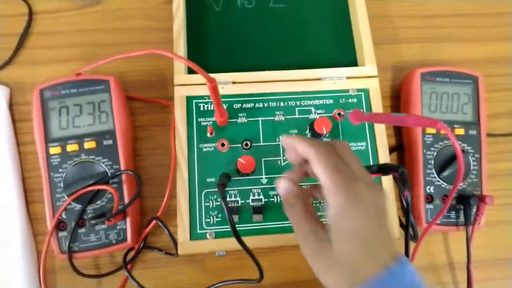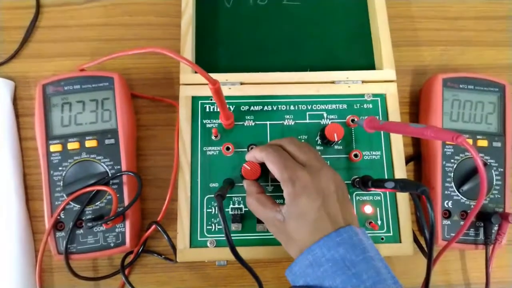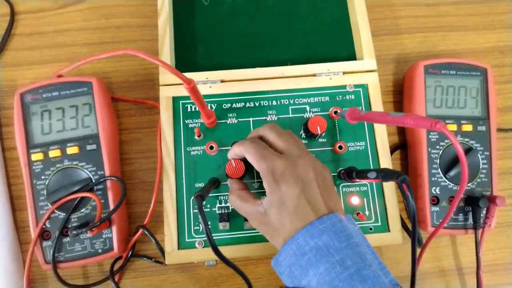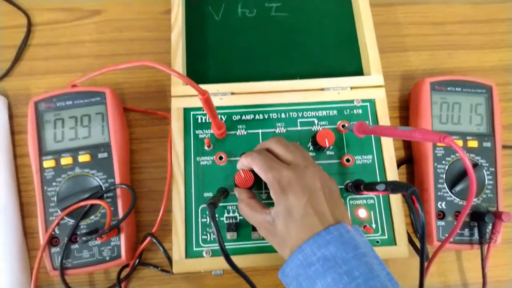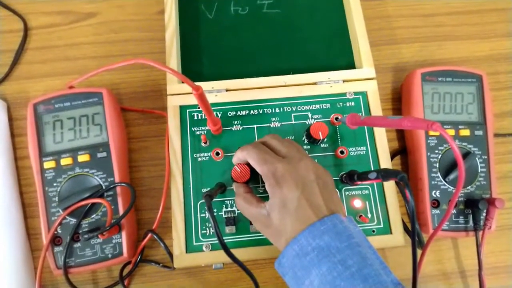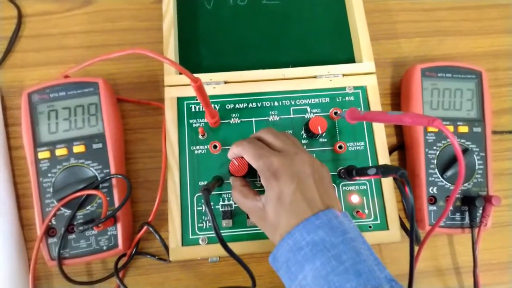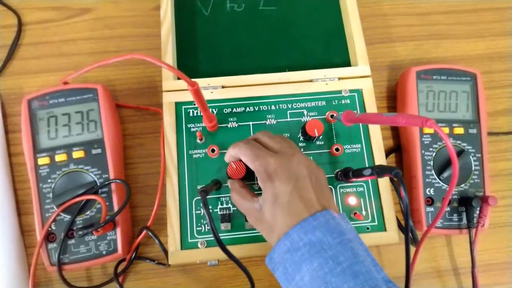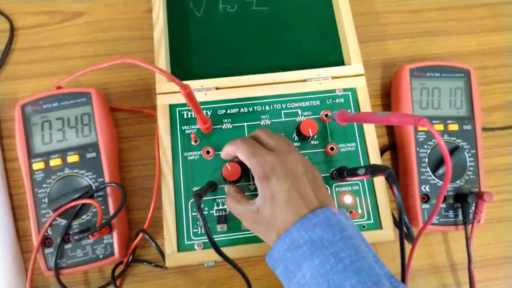Now change this voltage till the next current is observed. We have to change these values such that more and more readings can be taken so that we can plot a graph.